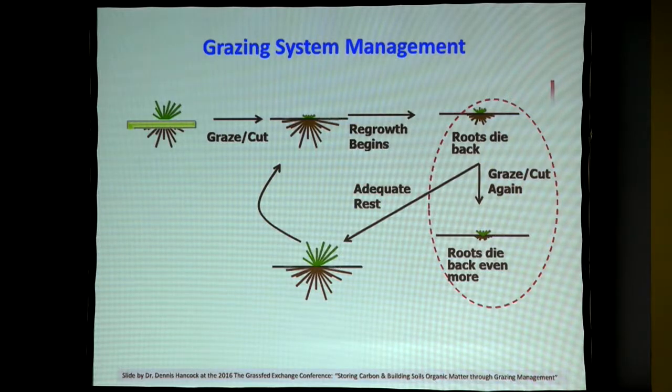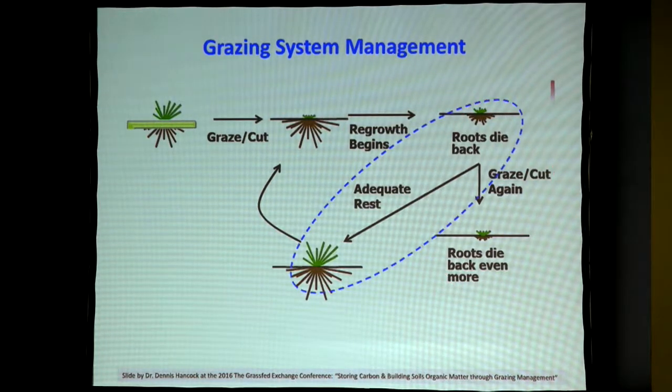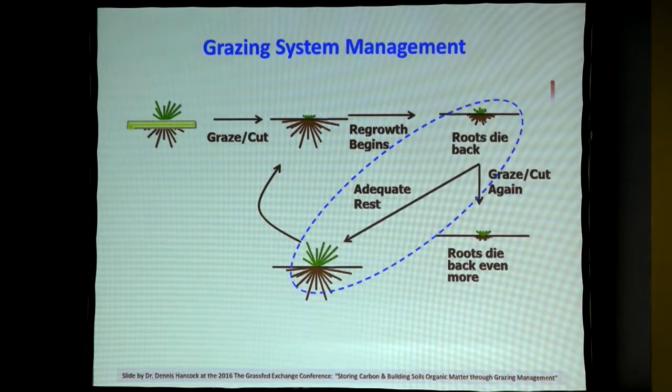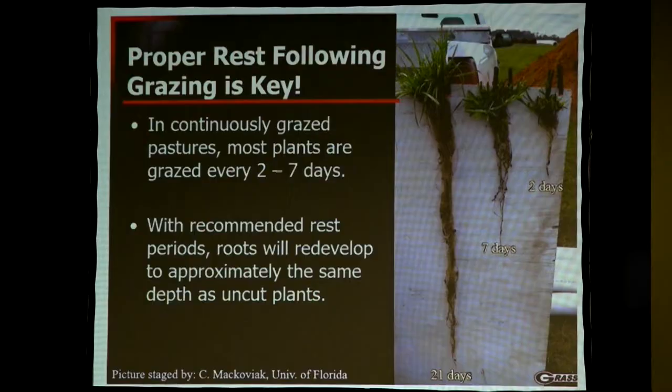If the root doesn't grow, we don't have more grass because it's weak. But when you give that system adequate time to rest, guess what's going to happen? The roots start growing, and they give more strength to the plant for it to keep growing.